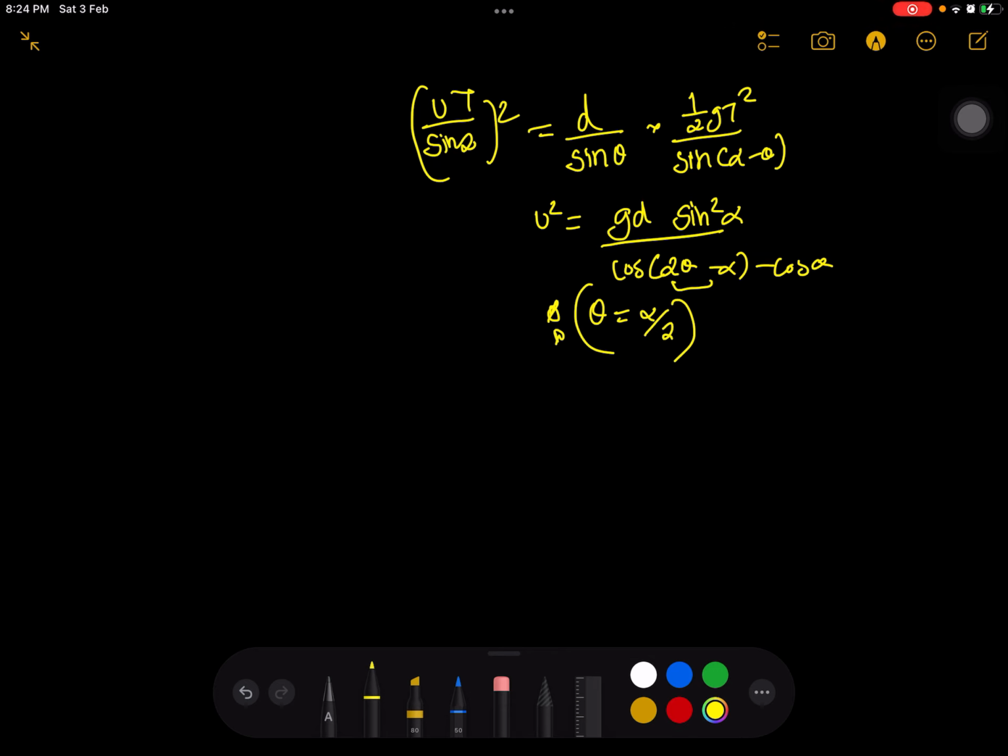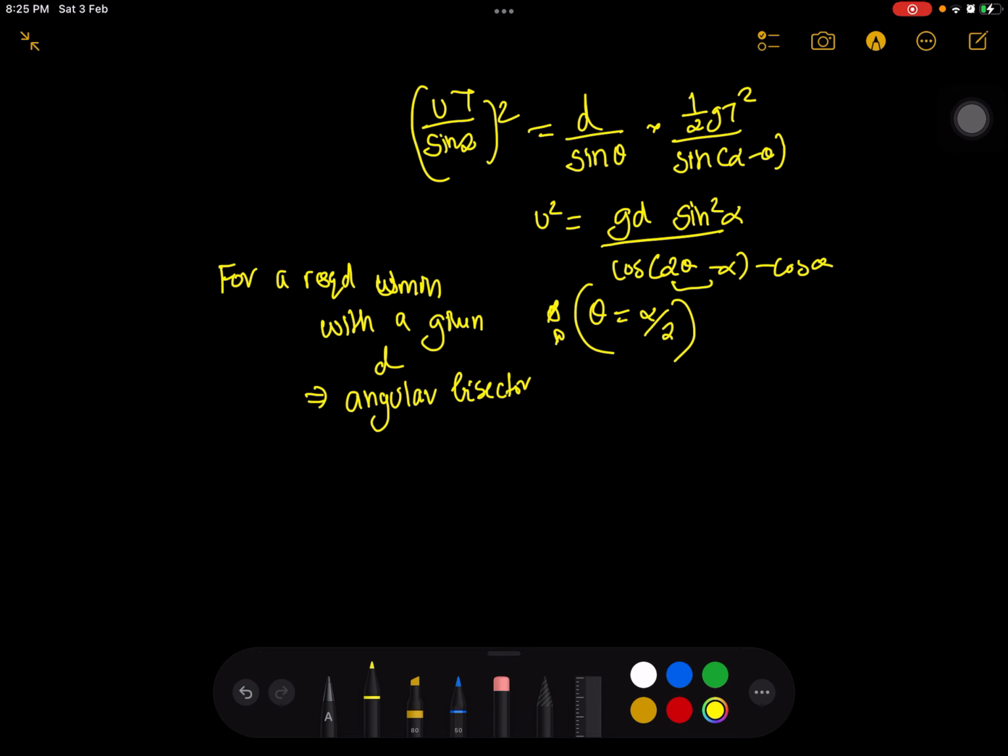You can write that for a required u minimum with a given D, we take it along the angular bisector.